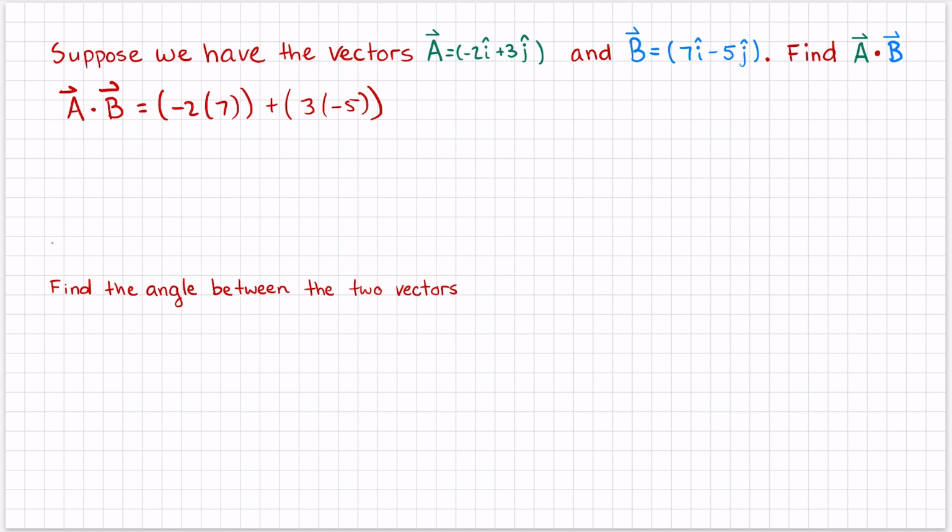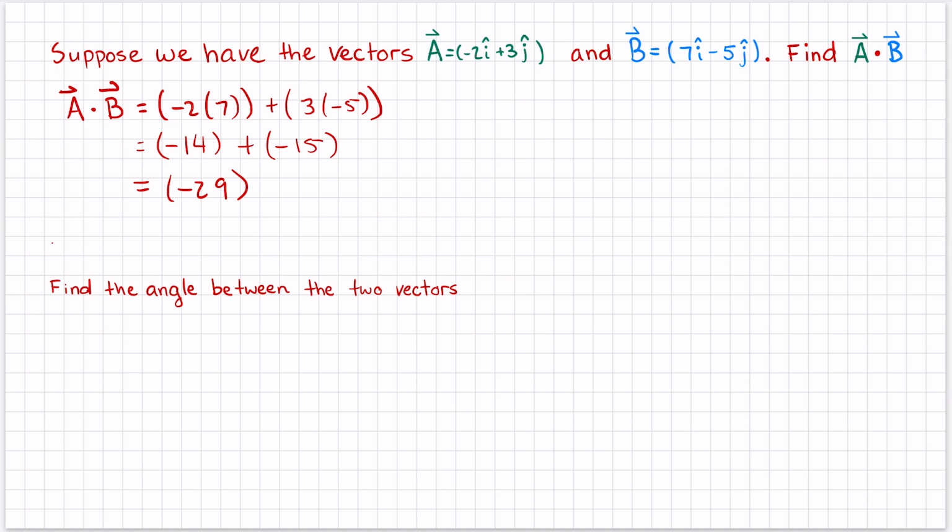If I do that in my head really quickly, then what I have is negative 14 plus negative 15. And another quick little bit of work in your head gives you negative 29. So negative 29 is the dot product of vectors A and B.